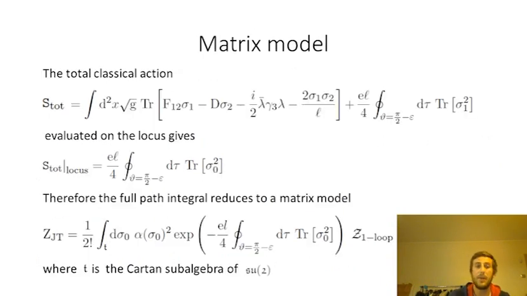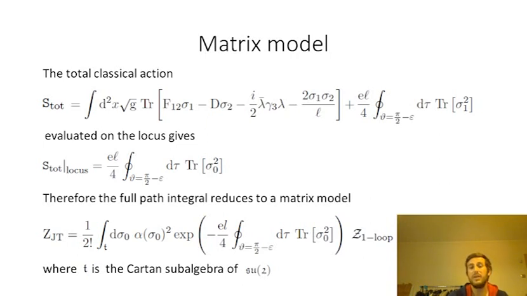And then the total classical action is given by the supersymmetric extension of the BF plus the defect term on the boundary. But if we evaluate this total action on the locus just determined, we are left only with the defect term evaluated on the constant configuration sigma 0.